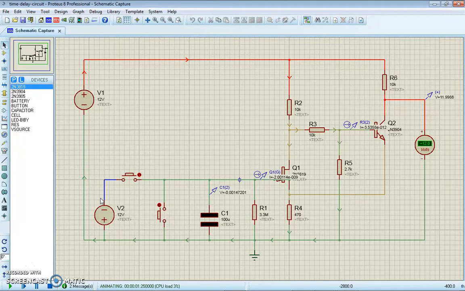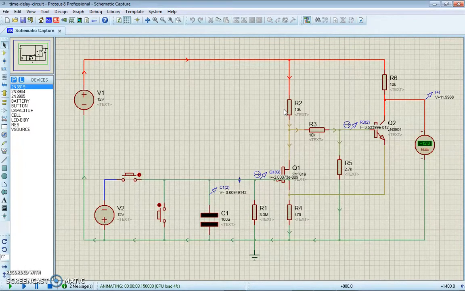Okay, from the simulation, it can be seen that the DC voltmeter reads 12 volt, exactly as the power supply. This is because the 12 volt supply causes current to flow through R2 and from S to D terminal of the FET. This turns Q1 on.